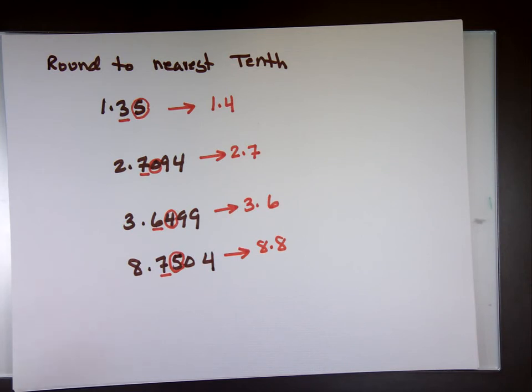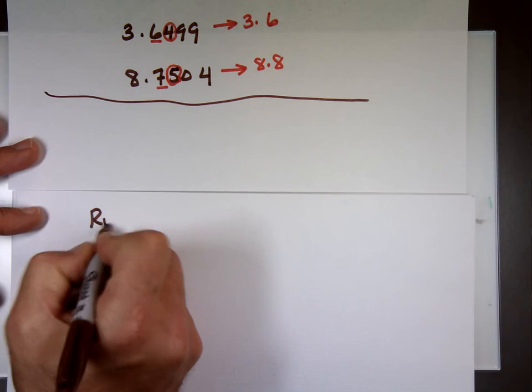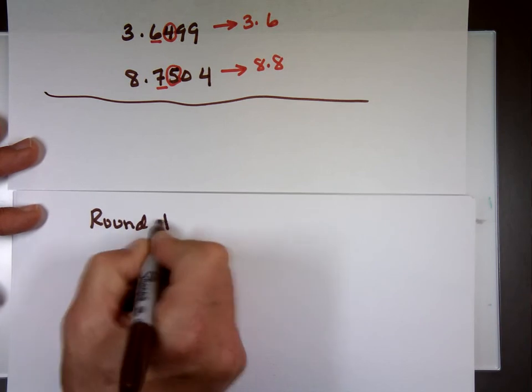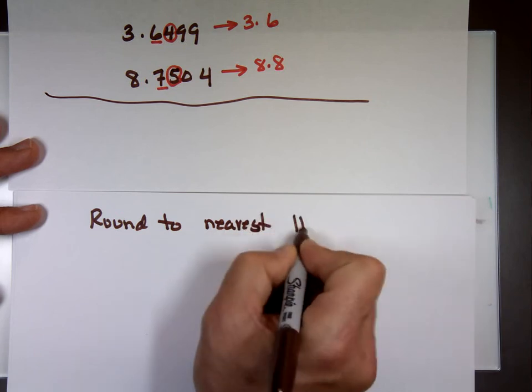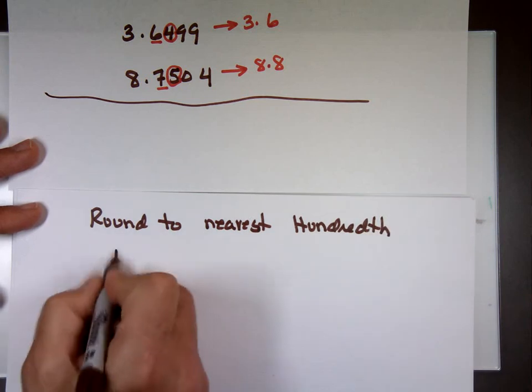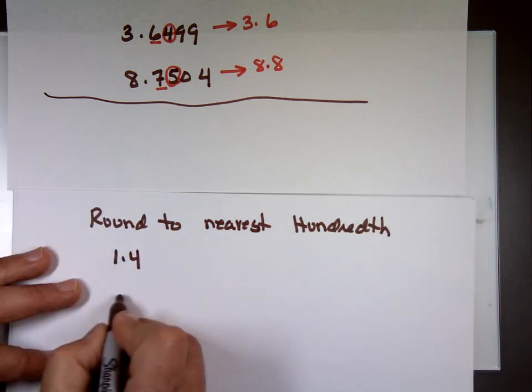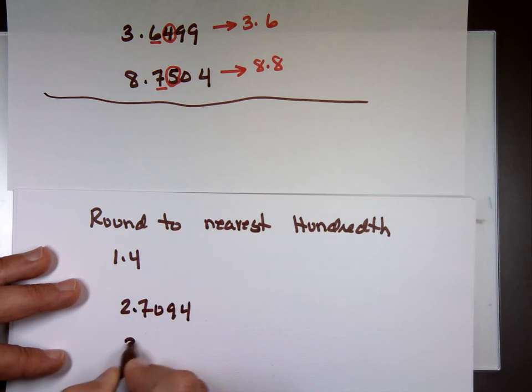If they give you the same numbers, but they said round to nearest hundredth, you have to know the tenth, the hundredth, all of them. And I'll begin with 1.4, 2.7094, 3.6499, same numbers.